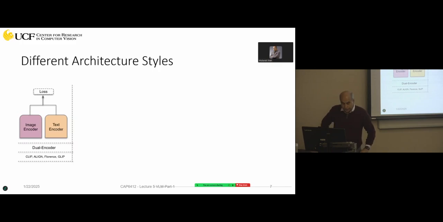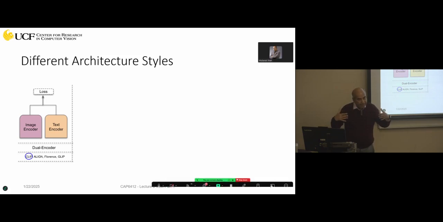Now the different architecture styles: we have an image encoder and a text encoder, called a dual encoder, and CLIP is an example of that. Combining these two encoders, we have a loss function, contrastive loss, and we learn the representation. The main idea is, given an image or given a text, what is the best representation which computers can use? And that's the main idea. These representations, in the old days, we used to call features.